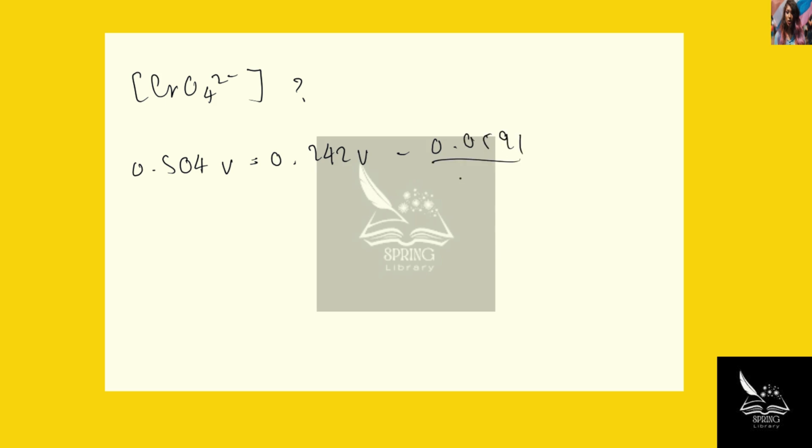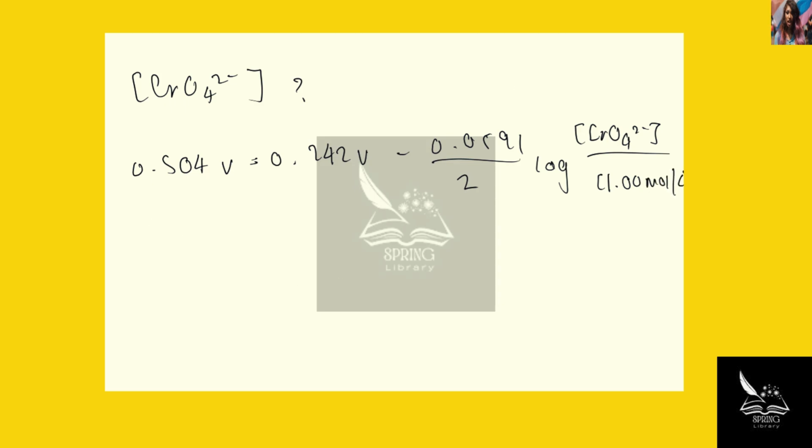And now to find the concentration, we can use the Nernst equation, where we have a lot of known information here. We're solving for the CrO4 2 minus concentration, that is our unknown. And so what we have is 0.504 volts equal to 0.242 volts, subtract 0.0591 divided by 2 log CrO4 2 minus divided by 1.00 mole per litre.